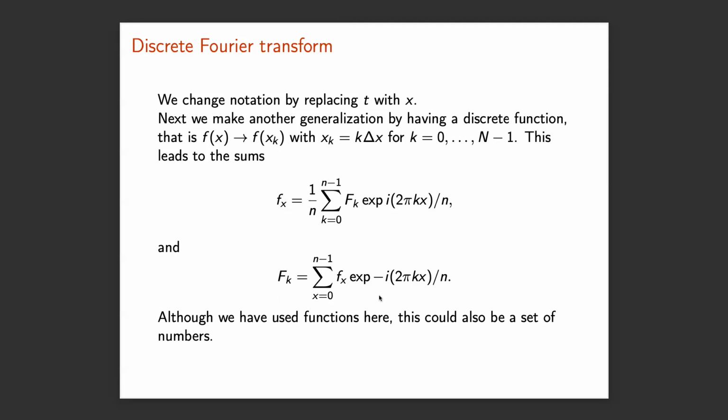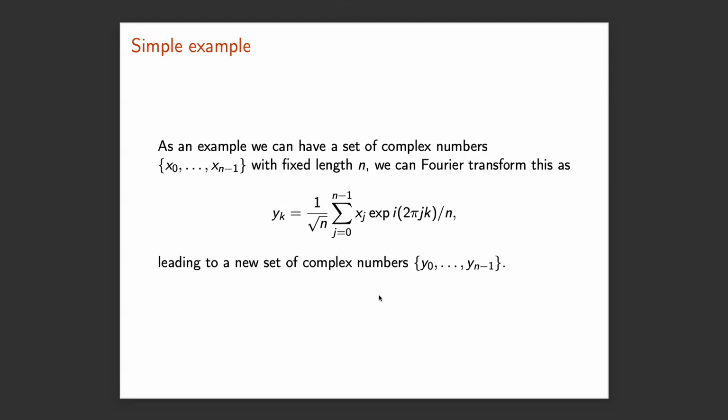This could also be a set of numbers if you want to. So that's a discrete one. And typically, you would see it written down in this very compact form. And as we said previously, these harmonics often are scaled with 1 over the square root of n here. That's a pretty normal scaling. And this is a standard expression for what you see.